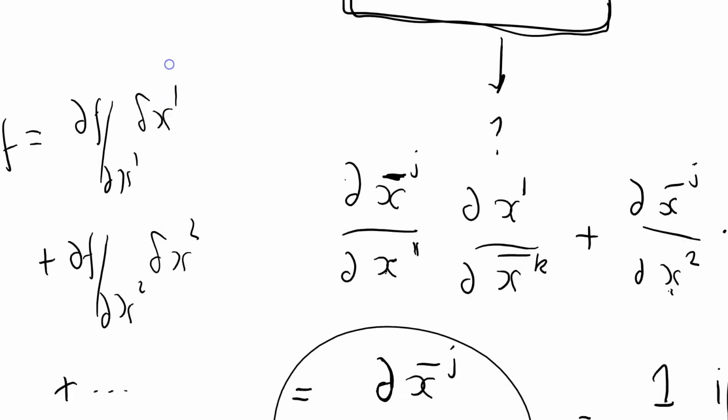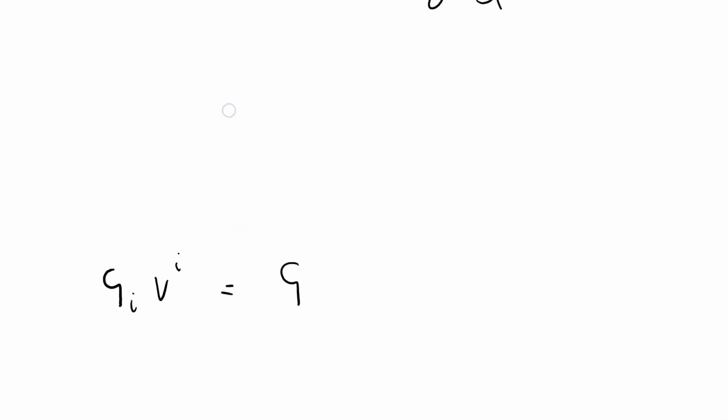J and K. G J bar, V K bar, times delta JK, where this thing here is the Kronecker delta.